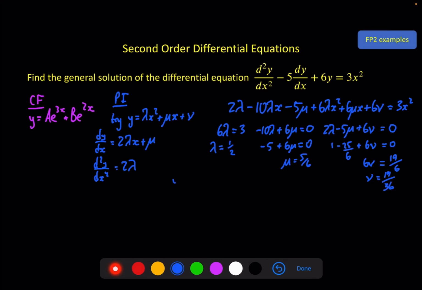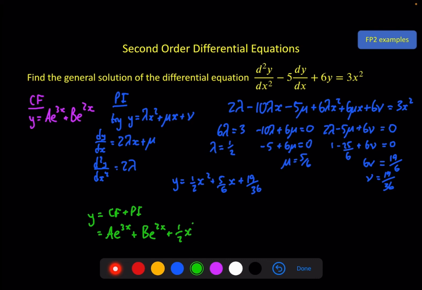That means our particular integral, y is equal to 1/2 x² + 5/6 x + 19/36. So that gives a final general solution, complementary function plus particular integral, of Ae^(3x) + Be^(2x) + 1/2 x² + 5/6 x + 19/36.